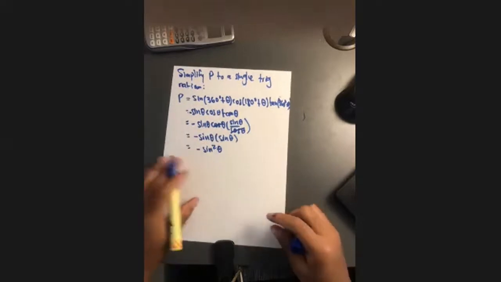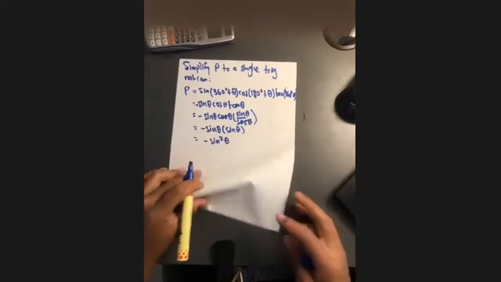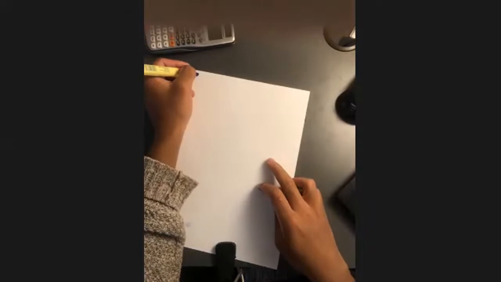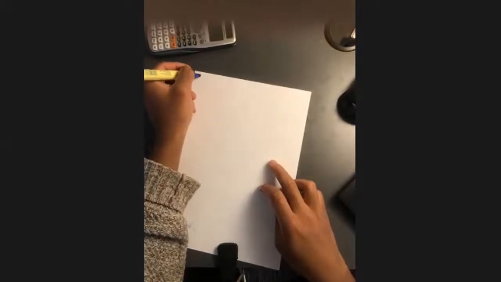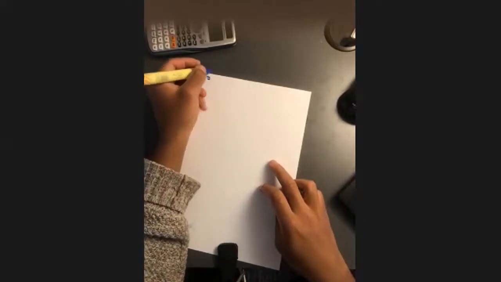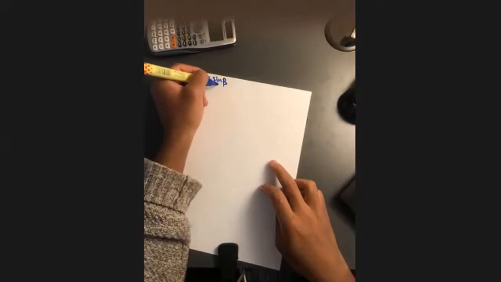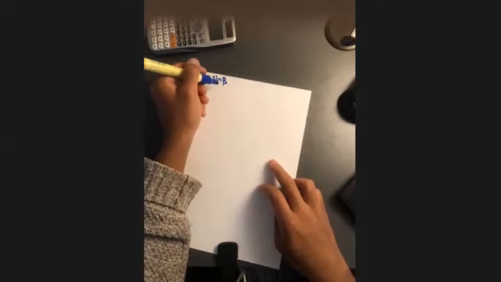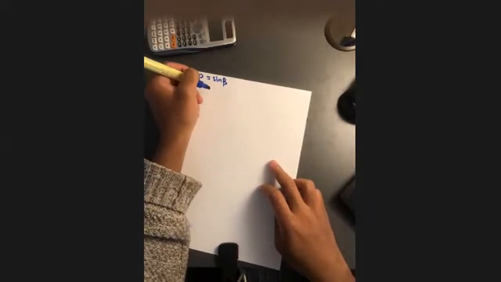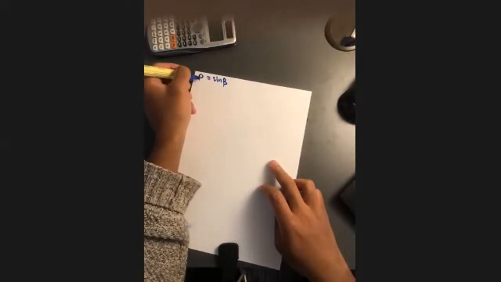So now I'm going to use a new sheet because I don't think we have so much space here. I'm going to use a new sheet for this problem. So now we are given on this problem that if P is equal to the sine of beta, beta, we all call it differently, but I choose to call it beta.